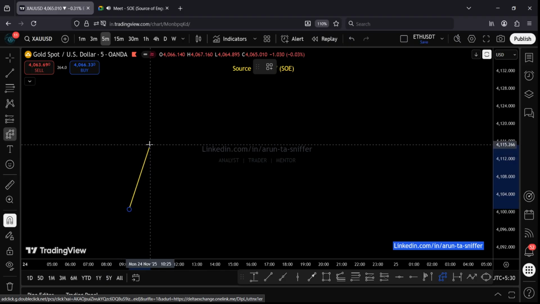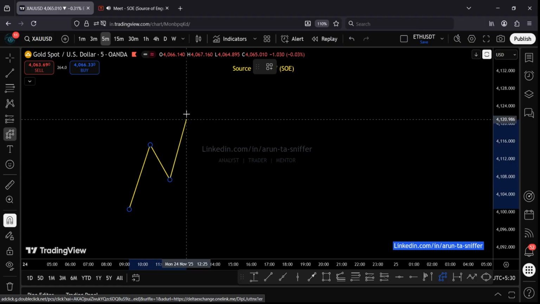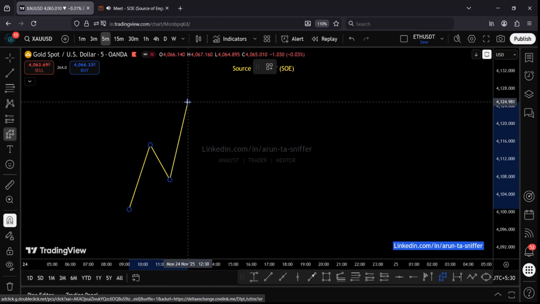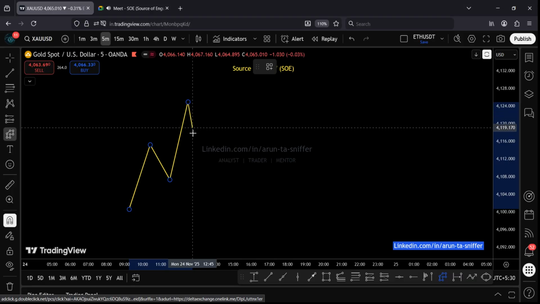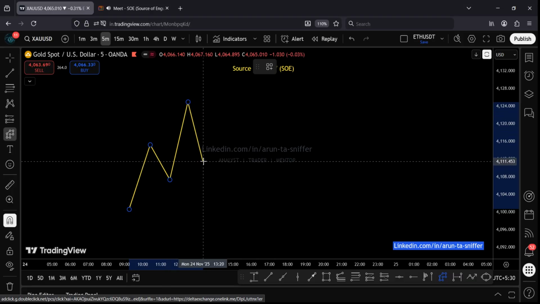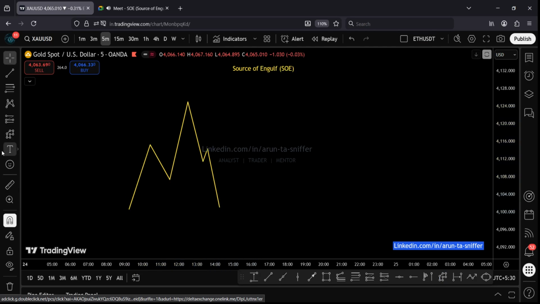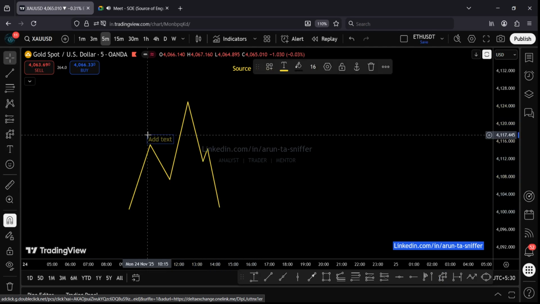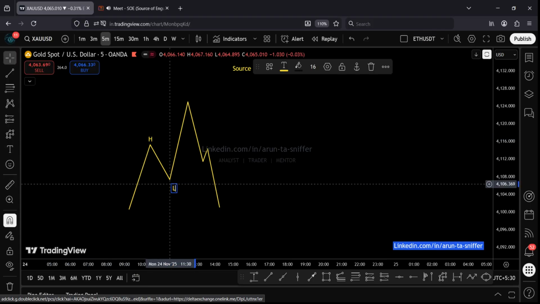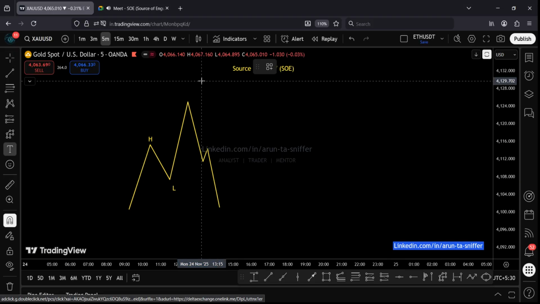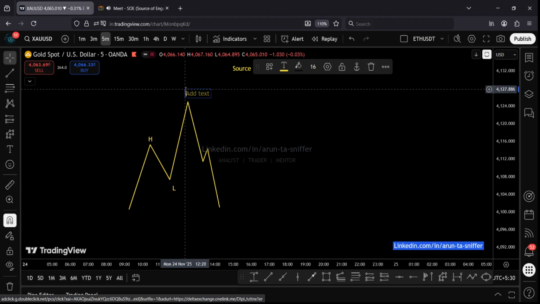Price goes up, makes high, came down, goes up, makes higher high, and comes down, goes back a bit and breaks this low. Okay, high, low, higher high.